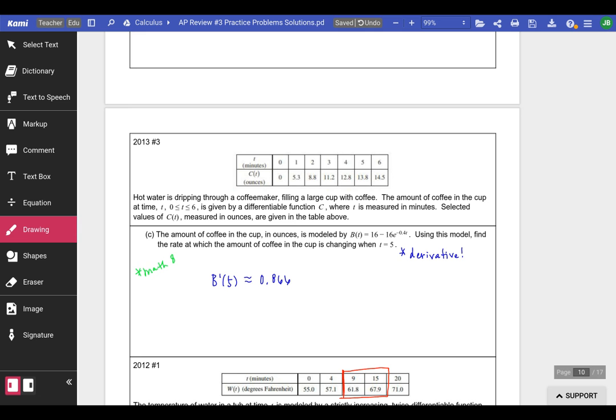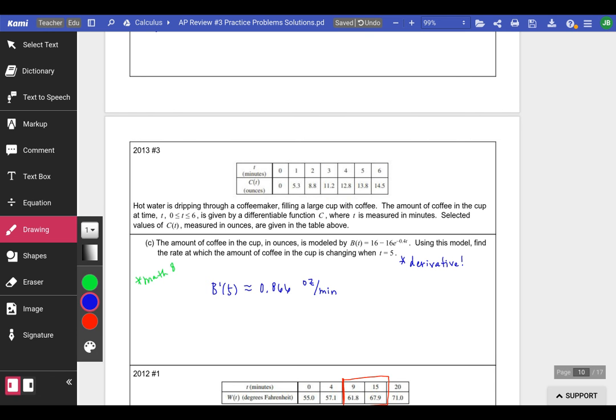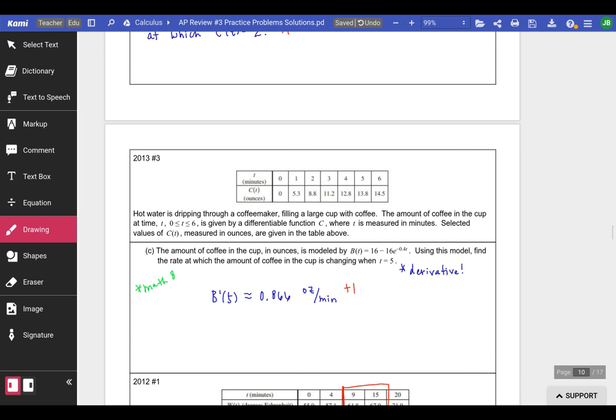Our unit, because this is a rate, would be ounces per minute. As far as the scoring, the original question was no calculator, so they gave you a point for finding an expression for the derivative, and one for plugging in. If this were a simple calculator question, you'd most likely get 1 point for that answer. So that's it for number 3.